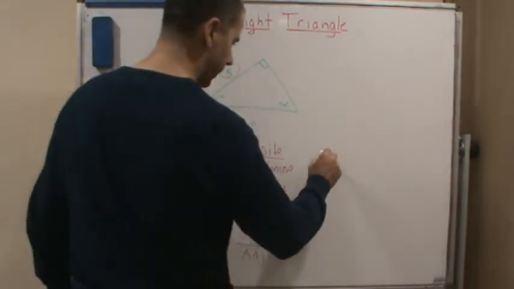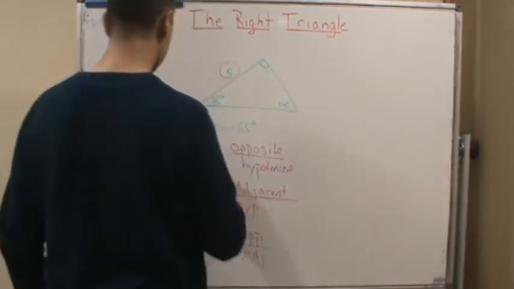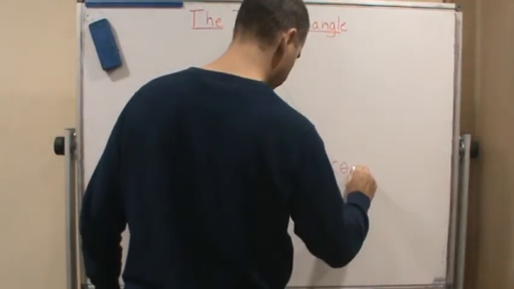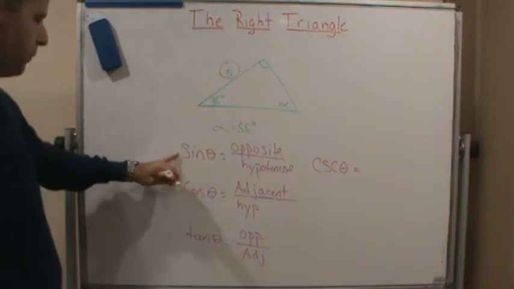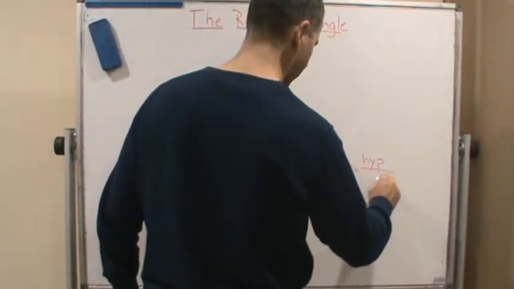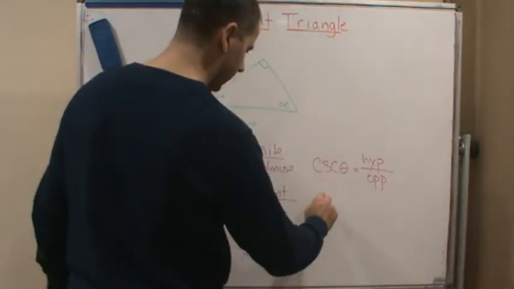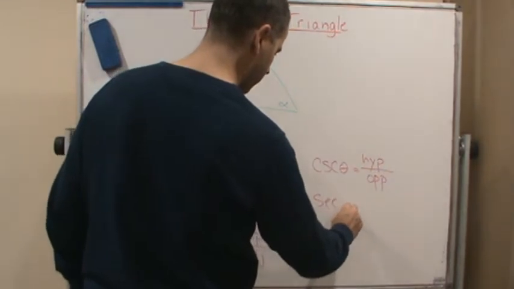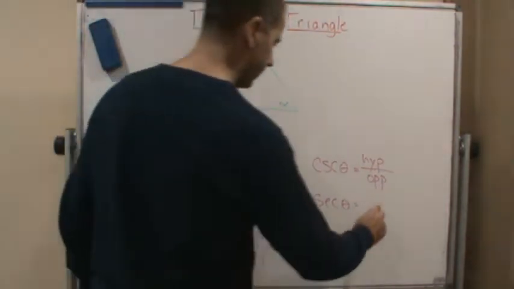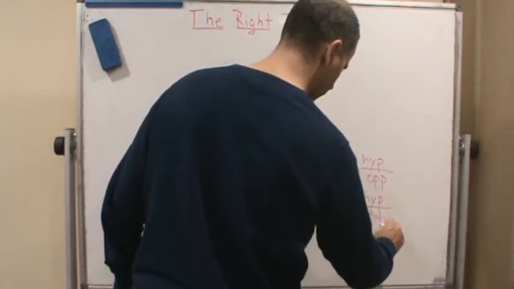And then of course, if we have cosecant, that's the reciprocal of sine, so that's going to be the hypotenuse over the opposite. And then if I have secant, which is the reciprocal of cosine, that's going to be the hypotenuse over the adjacent.